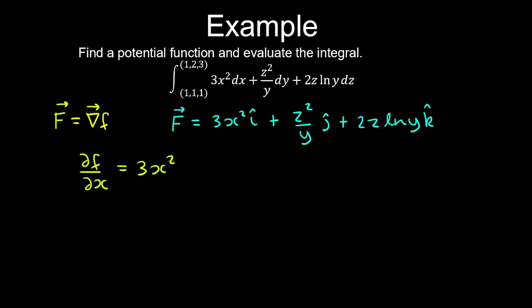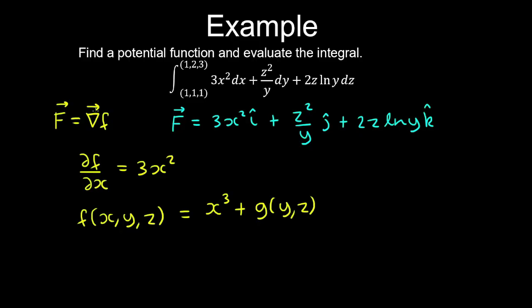So separating the variables and integrating both sides, we get f of x, y, and z is equal to 3x cubed on 3 plus a constant of integration which depends on y and z. So if we take the partial of f with respect to x, the function g drops out, and we get 3x squared.